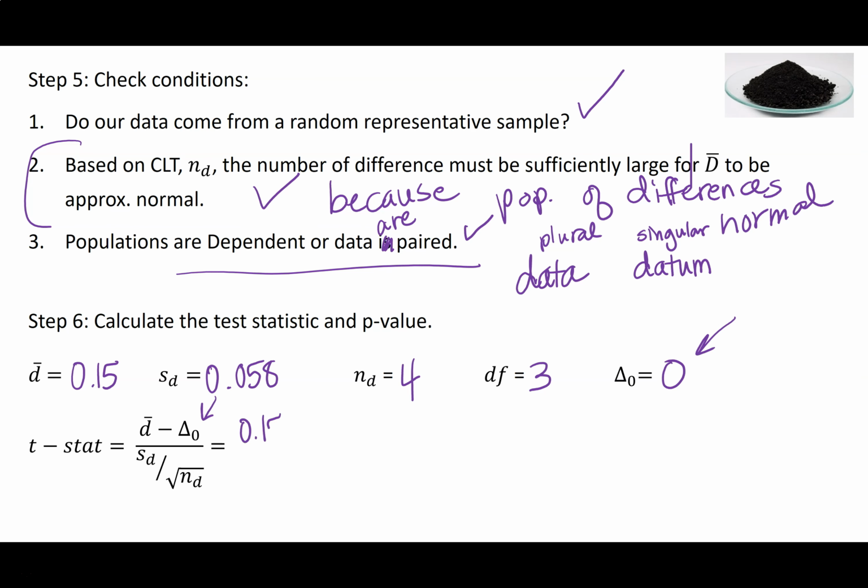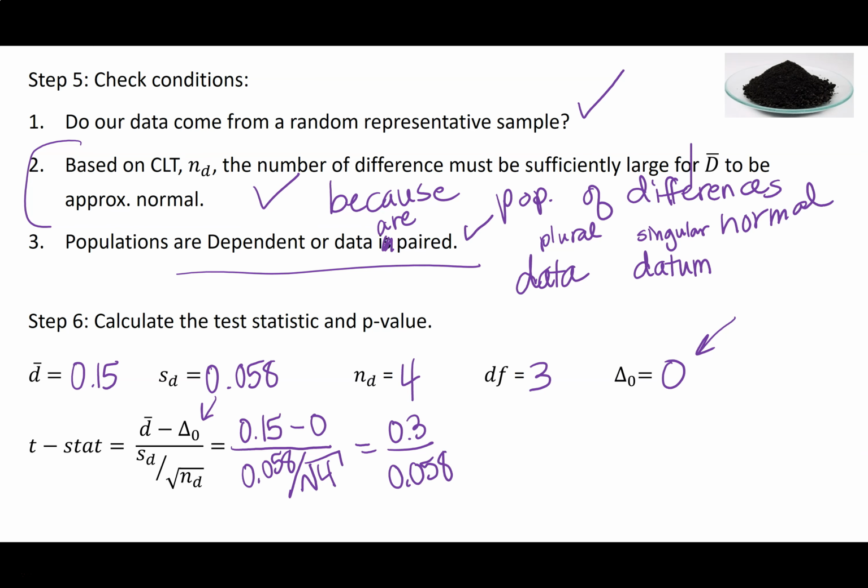So what I saw in the sample, 0.15 minus 0, easy peasy up top, divided by 0.58 divided by the square root of 4. So ends up being what? 0.3 divided by 0.58. All I did was use fraction rules and I put the square root of 4 up top.